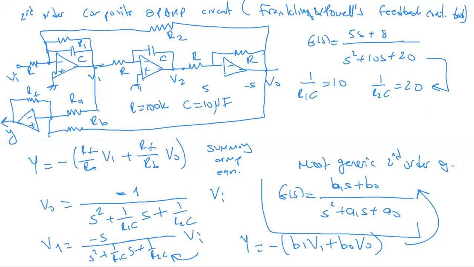Okay, thank you. Then the other remaining 2 equations are obtained by RF over RA, which is the coefficient for the s term and is equal to 5, and RF over RB equal to 8.